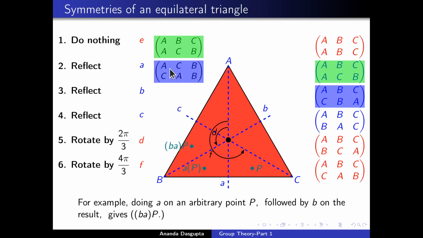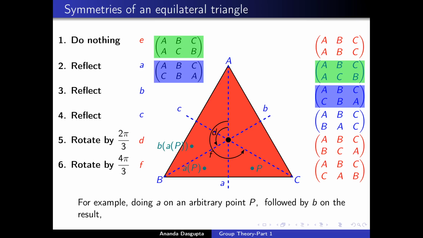So when you want to do one after the other, this is BA acting on P. And one way to understand what this is, take a look at the permutation. This permutation takes A to C, B to B, C to A. But what we can do is rewrite the same permutation in this form. Instead of writing the top line as ABC, I could just write the top line in any order I want, as long as what these elements map to stays okay.